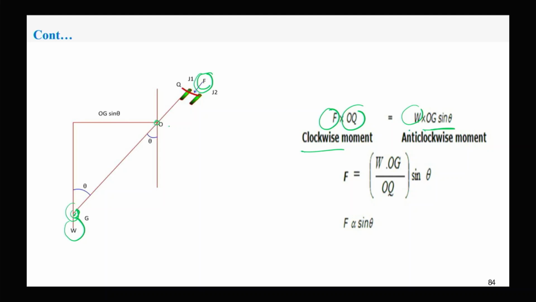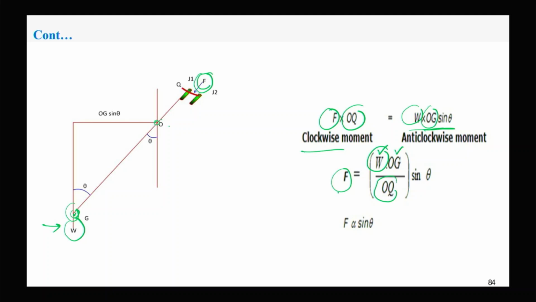OG is the distance from the pendulum center of gravity G to the pivot point, which is fixed. So using this relationship, we can calculate F equal to W multiplied by OG by OQ, where OQ and OG are constant, and for a certain instrument W can be constant.